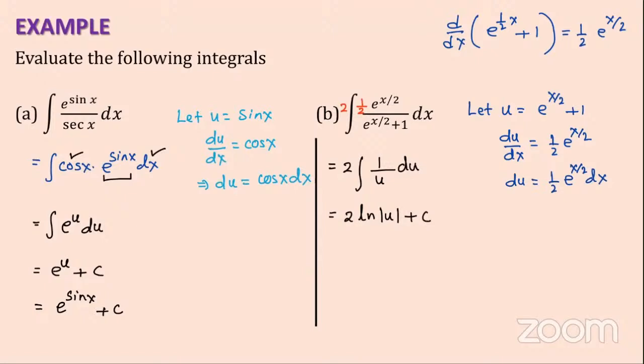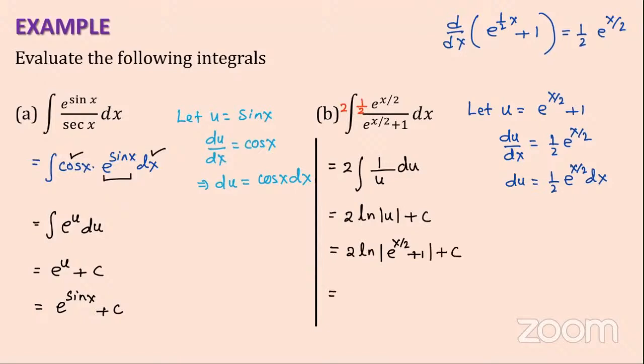If we know that it is positive, we can just leave it without the absolute value. That's my answer, but not the final answer, because I have to resubstitute the value of u. So this is equal to 2 natural log of the absolute value of e to the x over 2 plus 1, then plus c.